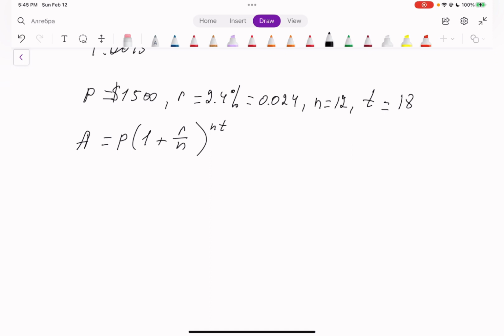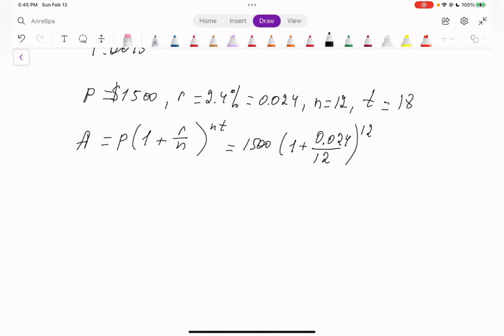So how much money will I get in 18 months? So this is going to be equal to 1500 times 1 plus 0.024 divided by 12, because compounded monthly, right? And raised to power n, we have 12 months.